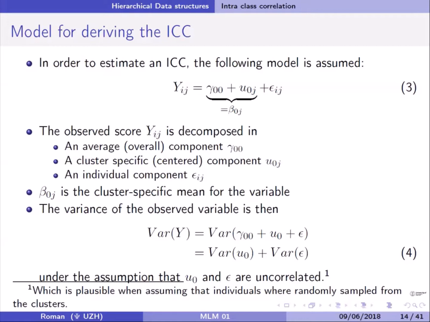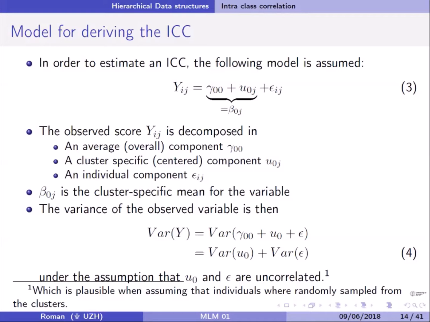And then an individual component, which is epsilon_ij. So we see that these two components together, gamma 0,0 and U_0j, are the fixed intercept, or B_0j. This is a cluster-specific mean for the variable. So together, these are the cluster-specific mean for each variable. The variance of the observed variable, the variance of Y, is then the variance of U_0j plus the variance of the unknown epsilon.